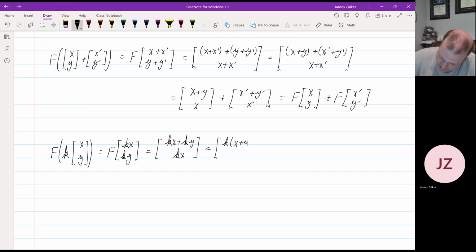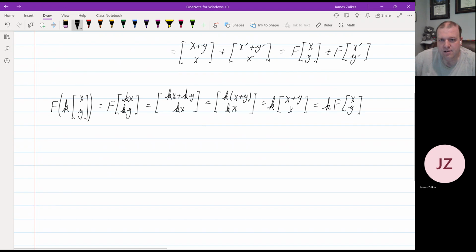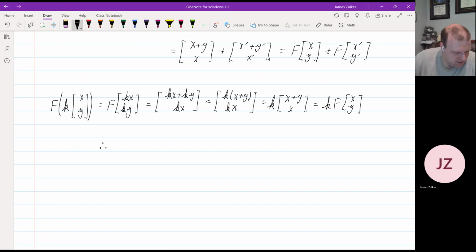But from the first component, we can factor out a k, which allows us, by definition of multiplication, to factor it out of the vector. But then that vector is just f of (x, y). So then this mapping is a linear transformation.